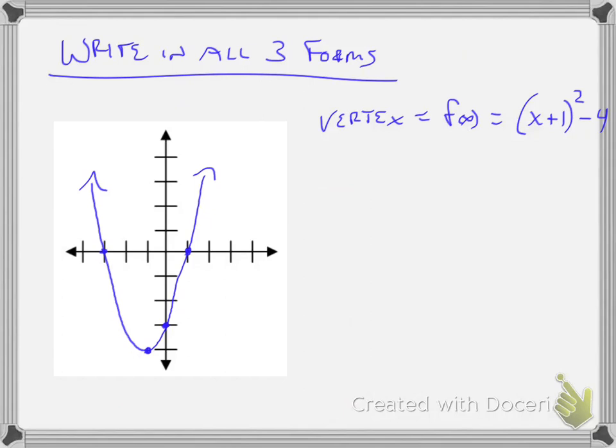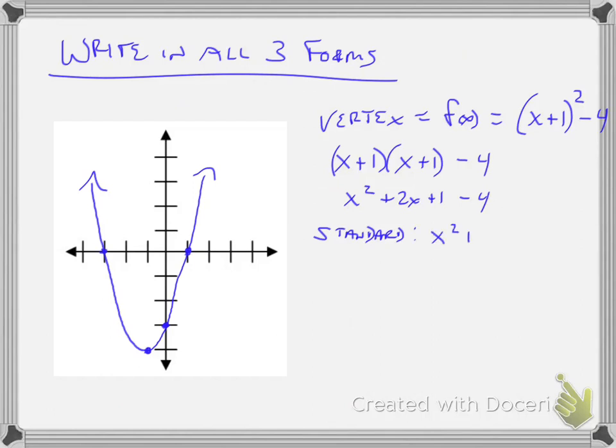To write that in standard form, I'm going to simplify it. x plus 1 squared is x squared plus 2x plus 1, so that becomes x squared plus 2x minus 3.